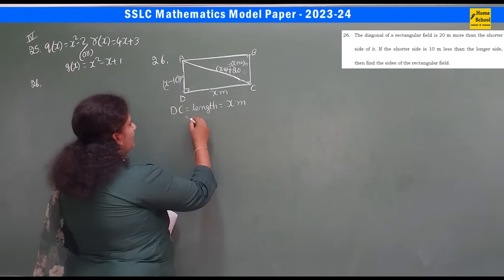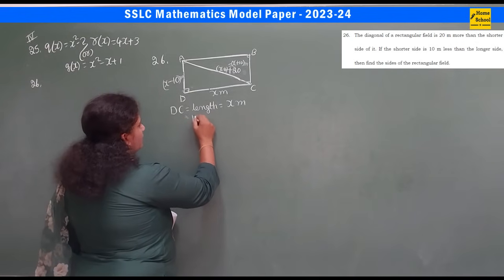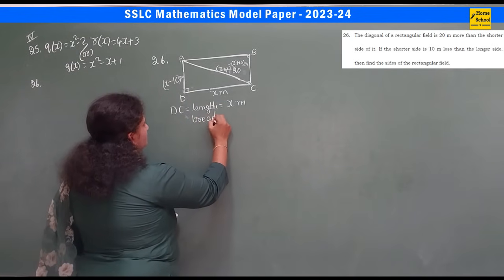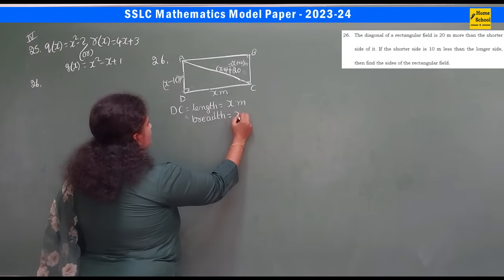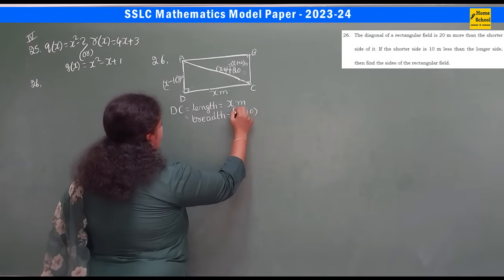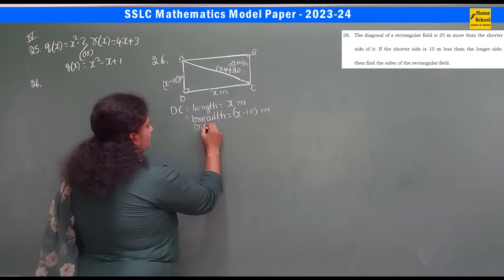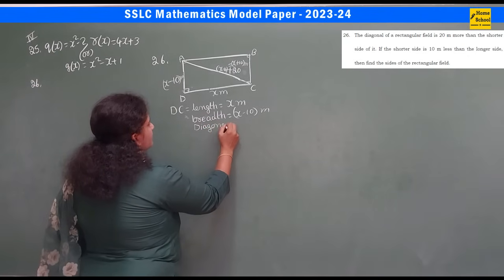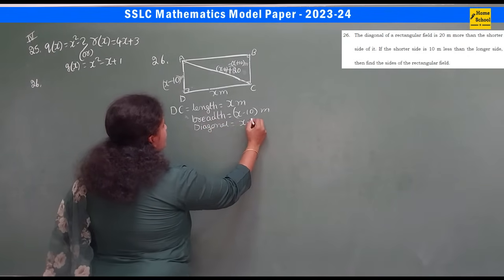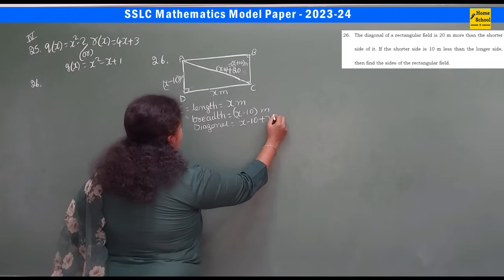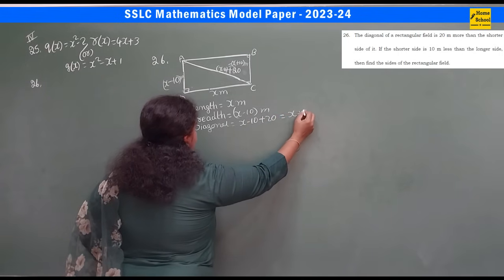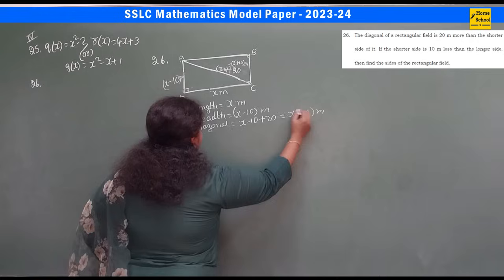So you can write neatly, breadth is equal to x minus 10 meters. Diagonal is equal to x minus 10 plus 20, that is x plus 10 meters.